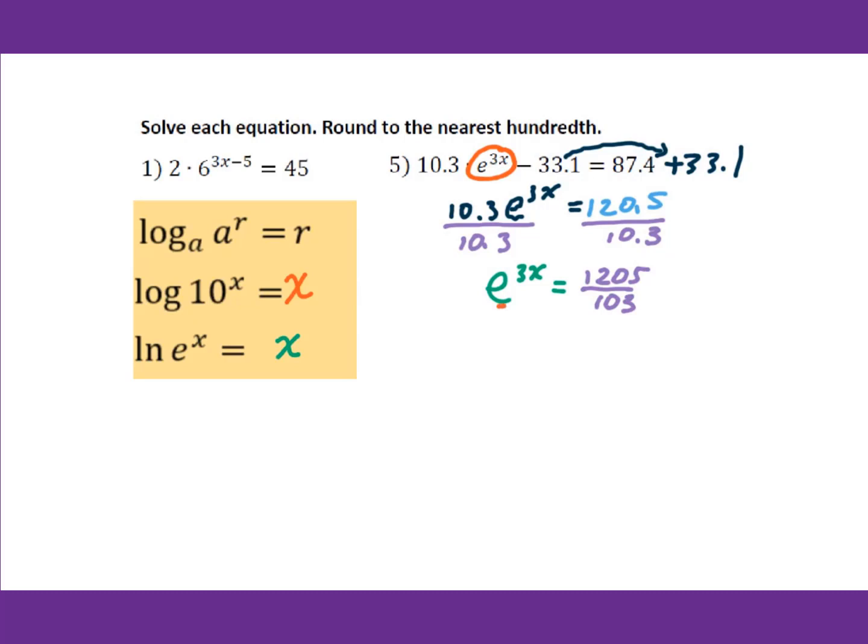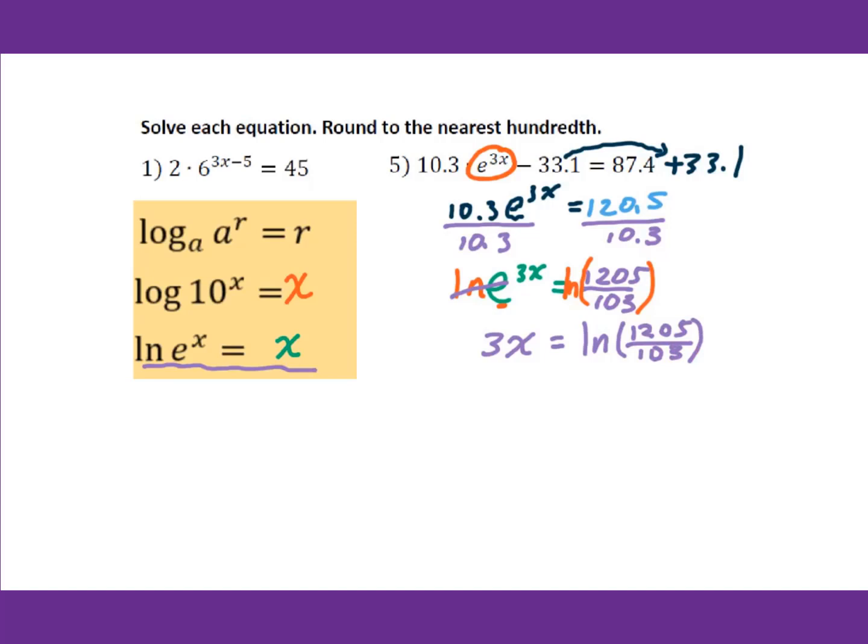Since the base is e, we do the natural log both sides. Then for this, you will get 3x according to this formula. And you will get natural log 5/103.